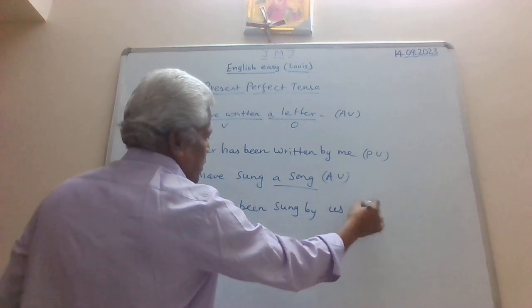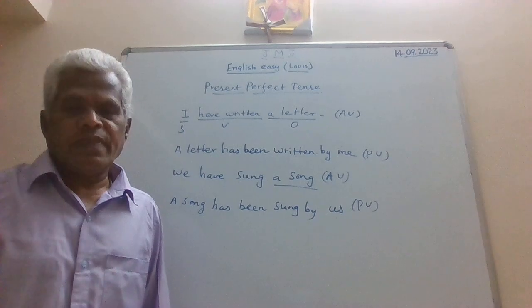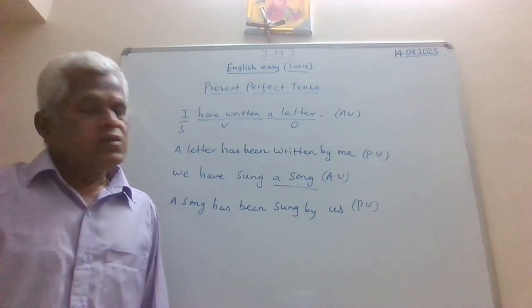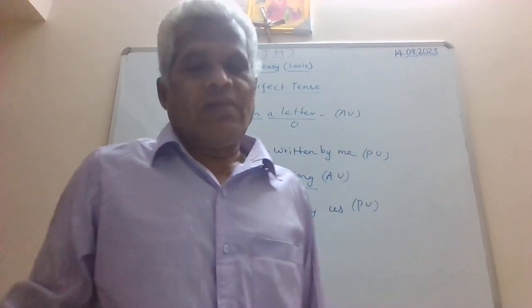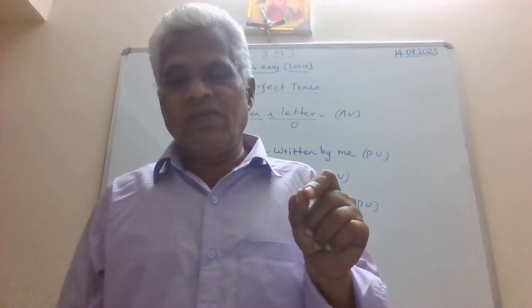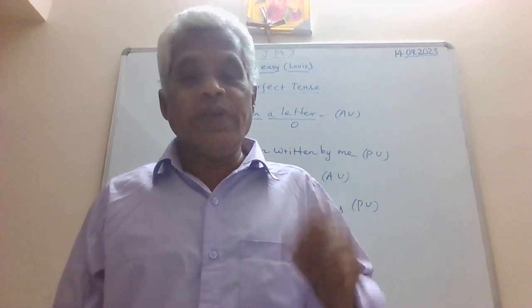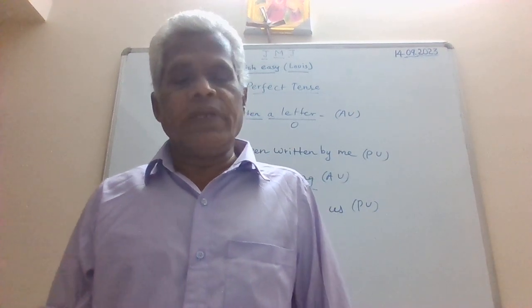And this is your passive voice. So very simple. What are we supposed to remember? We must have has or have, plus been, plus the past participle form of the verb.